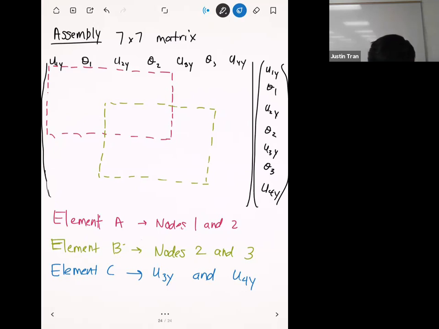Okay. And so the spring element is going to be that entry, this entry right here. I drew it a little bit too big. So this should just be on U4Y, U3Y.